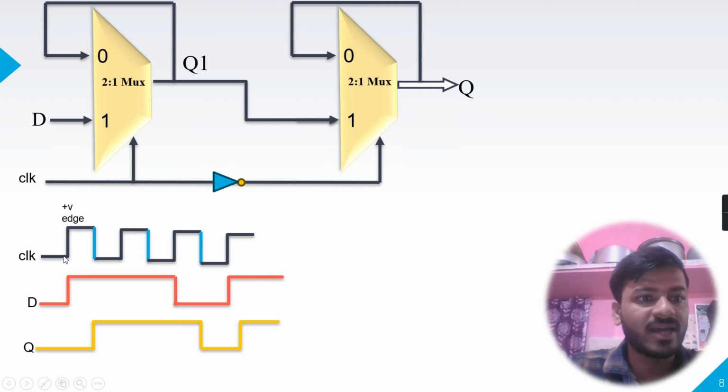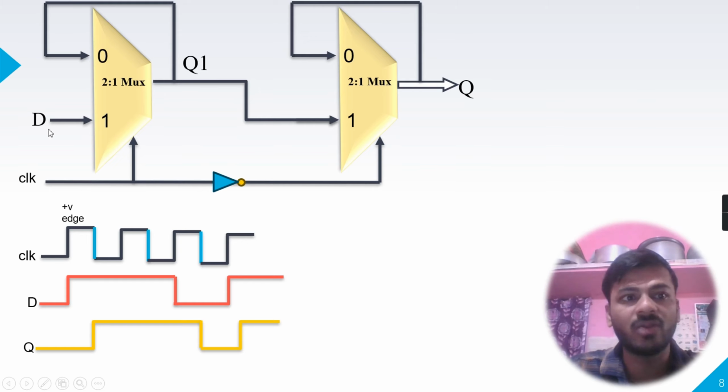So when clock is at the positive level, so when clock is high, for this mux select line is 1. Okay, so D will be routed to the output Q1. Now Q1 has the value of D, whatever it is, whether high or low, but we are getting output for negative edge triggered D flip-flop from this output Q. So when clock is high, due to this negation for this mux, my select line is 0.